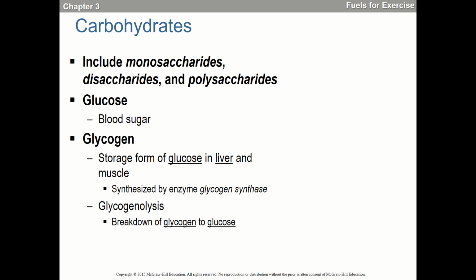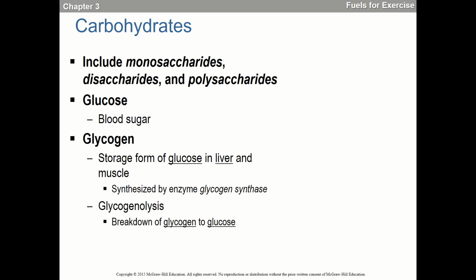All right, next thing, glycogenolysis. Many people use this term interchangeably with glycolysis, and it's incorrect. Glycogenolysis is the breakdown of glycogen to glucose. This is going to be really relevant whenever we start doing higher intensity exercise and we have to use muscle glycogen in order to fuel it.